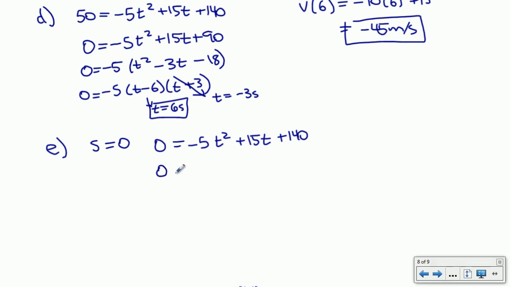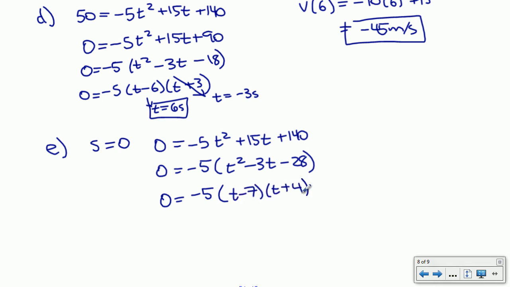We can factor again a negative 5 out of these terms, leaving us with t squared minus 3t minus 28. So we need two numbers that will multiply to give negative 28 and add to give negative 3. So that'll be negative 7 and positive 4. Again, this will give a negative time, which doesn't really make sense in this context. So the time when it hits the ground is going to be 7 seconds.